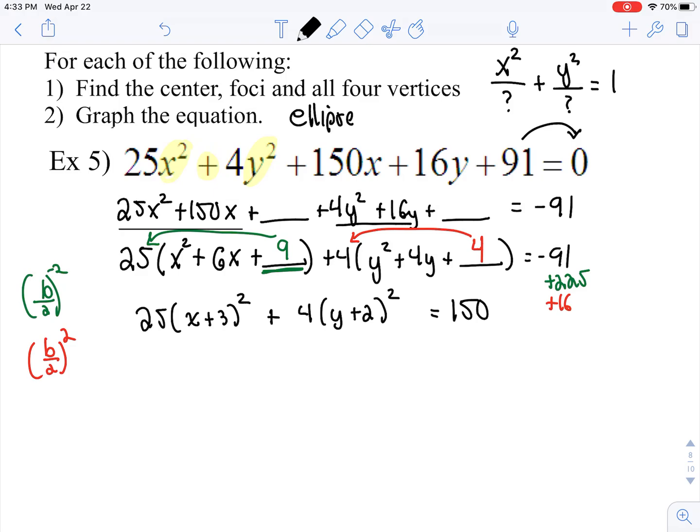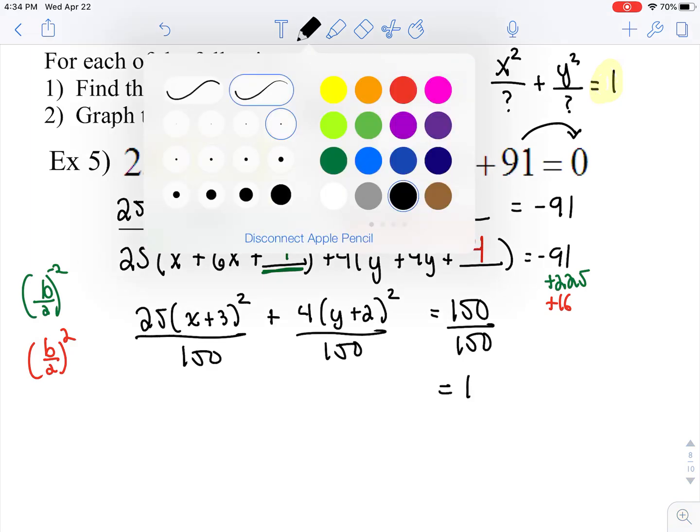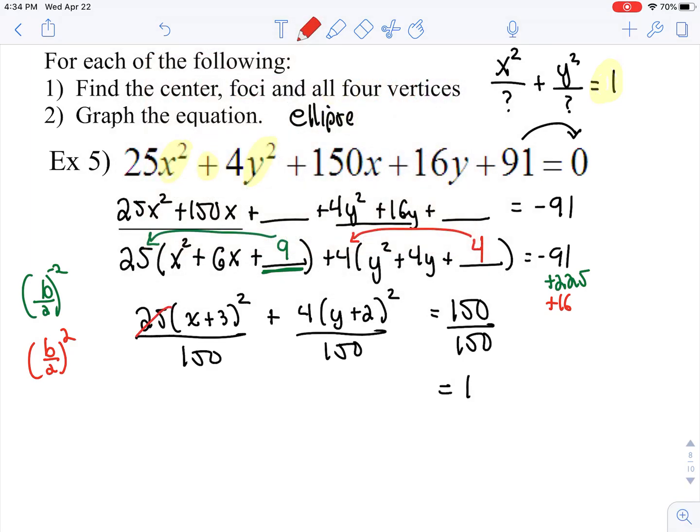Now, part of the problem here is that I still want this to say equals 1. So the next thing I have to do is divide by 150 across the whole equation in order for it to say equals 1. Now, when I do that division, I'm going to do a little reducing. 25 goes into 150 6 times, so this will become x plus 3 squared over 6.